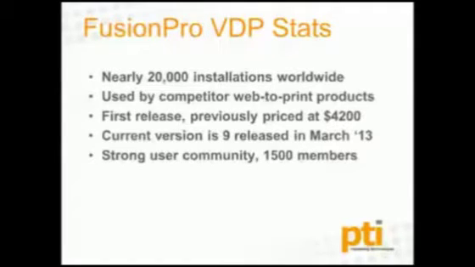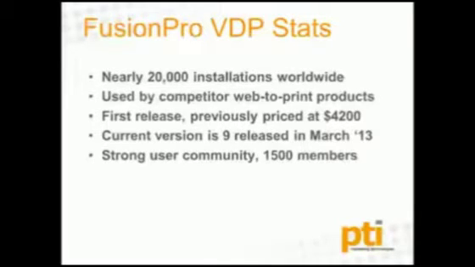So the VDP stats: we have nearly 20,000 installations worldwide, and that's a very conservative number. We're used by competitors' web-to-print products for their basic designs and functionality that's uploaded to their web-to-print solution. When we first released this, probably 11, 12 years ago, we priced it very heavily at $4,200.